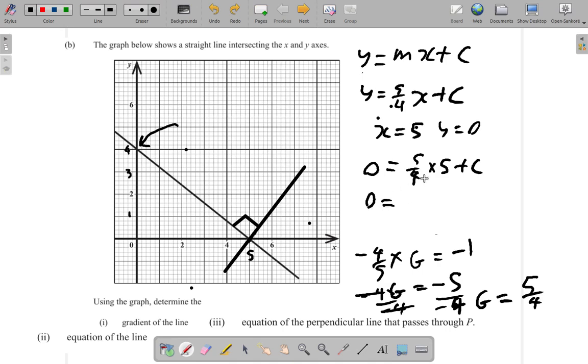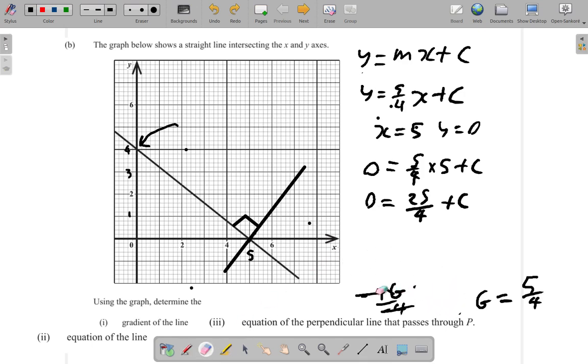So 0 is equal to 5 over 4 times 5, 25 over 4, plus c. Then we continue here. So what we have is 0 is equal to 25 over 4 plus c.